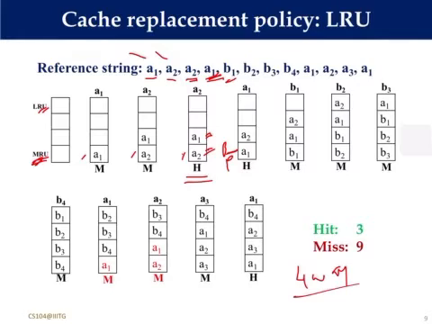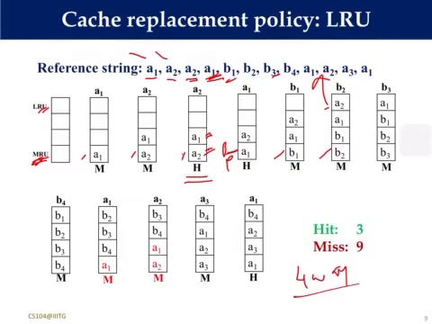B1 comes, of course. B1 will be placed in the MRU end. B2 is placed here. Now B3 comes. When B3 comes, you have to replace something. Which one will be replaced? Of course, A2 will be replaced because A2 is there in the LRU end. The LRU block is replaced.